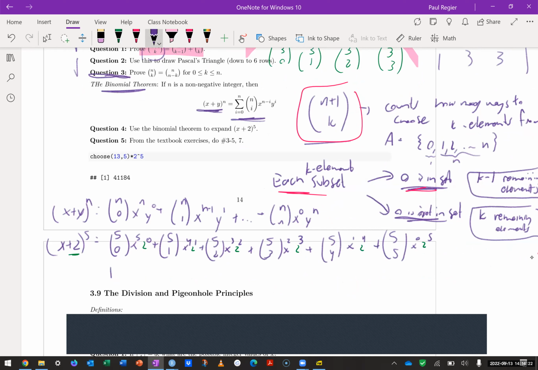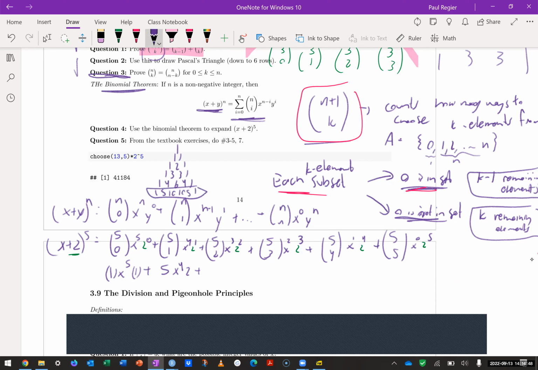So this is 1 x to the 5th times 2 to the 0 is 1, plus 5 x to the 4th times 2. I need the row of Pascal's triangle: 1, 1, 1, 2, 1, 1, 3, 3, 1, 1, 4, 6, 4, 1, 1, 5, 10, 10, 5, 1. Okay, so this is the row I'm using.